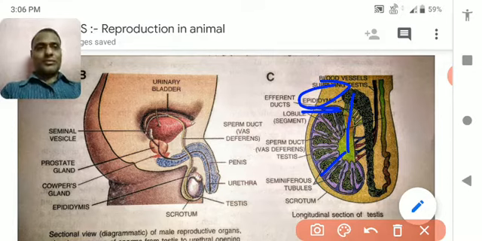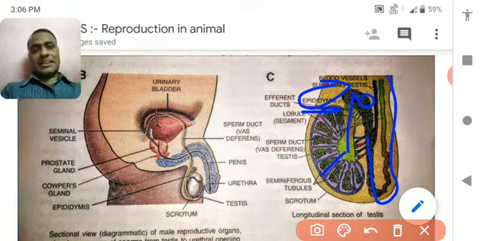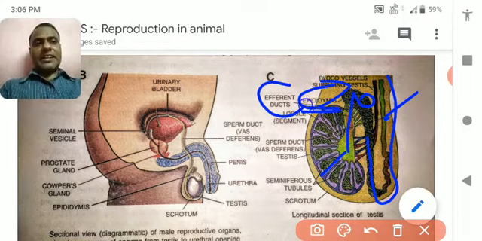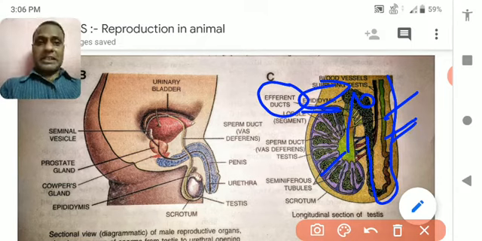So many small tube-like structures coil together and make a single duct, called the sperm duct or vas deferens. The efferent duct is called vas efferentia.